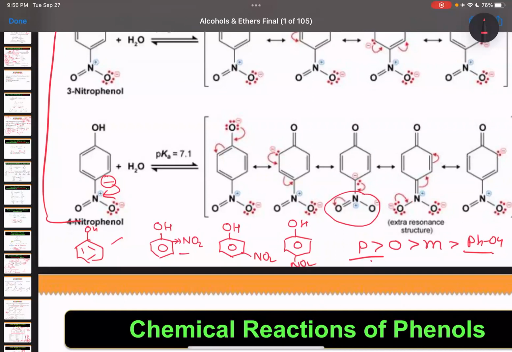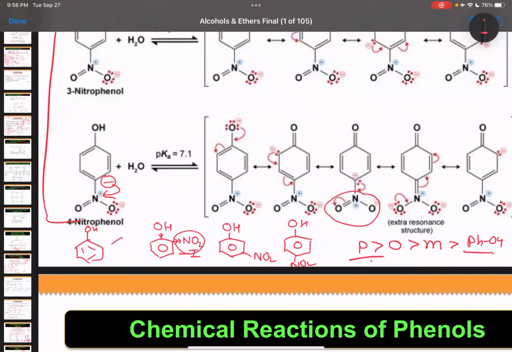There is an inductive effect also which is operating, and this electron pulling tendency is more in ortho nitro than para. In spite of that, it should make ortho more acidic, but para is more acidic. Why?